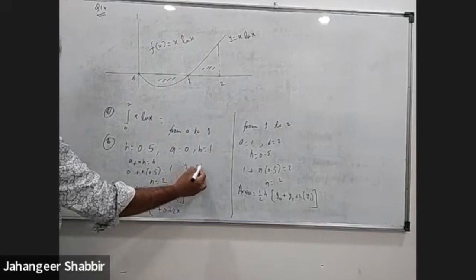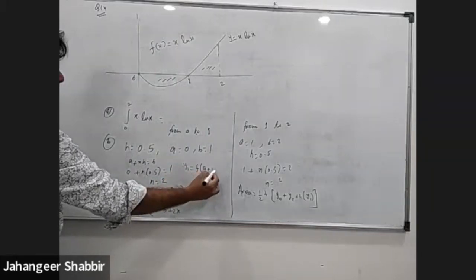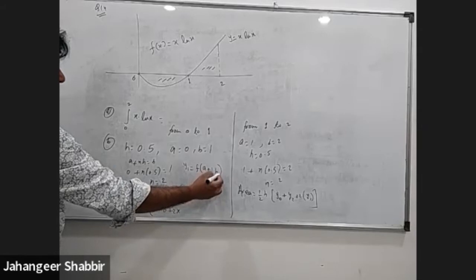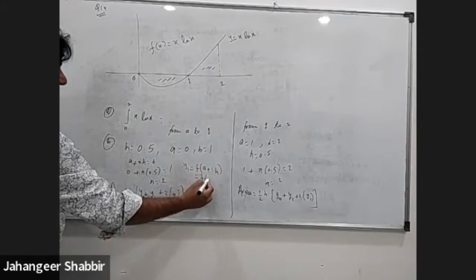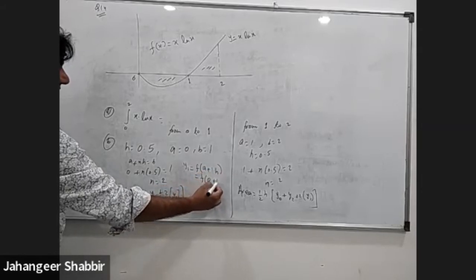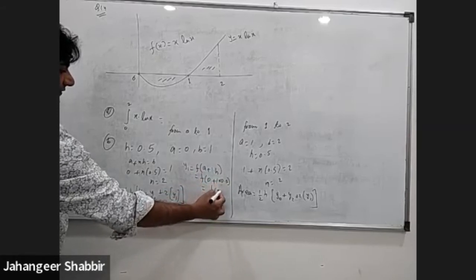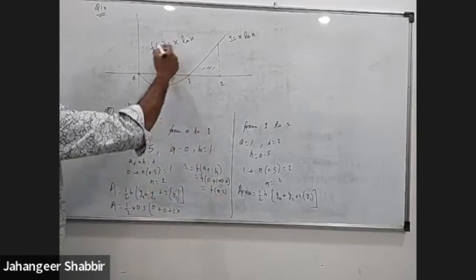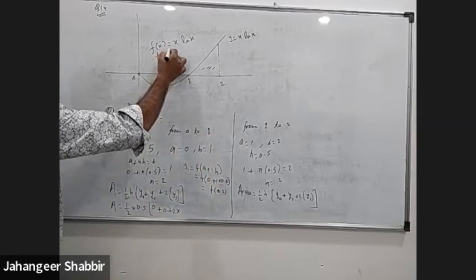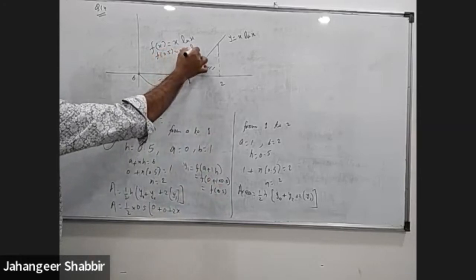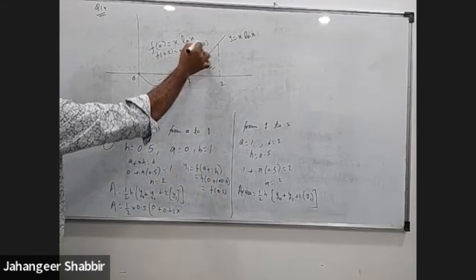y1 is f of a plus 1h. So f of a is 0, and h is 0.5. So this is f of 0.5, which is 0.5 times ln 0.5, and it will be negative.